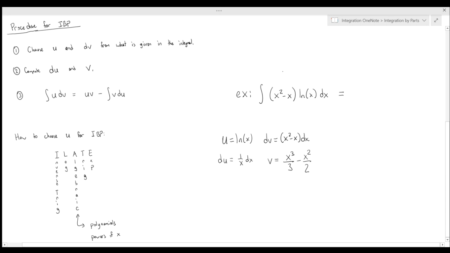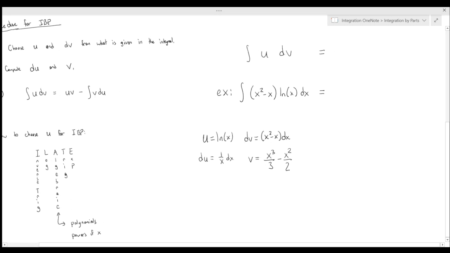Okay. So then we have the integral of u dv on the left. So using the integration by parts formula, we're going to rewrite this as uv. So that would be u is the natural log, and then times v, which was x cubed over 3 minus x squared over 2.